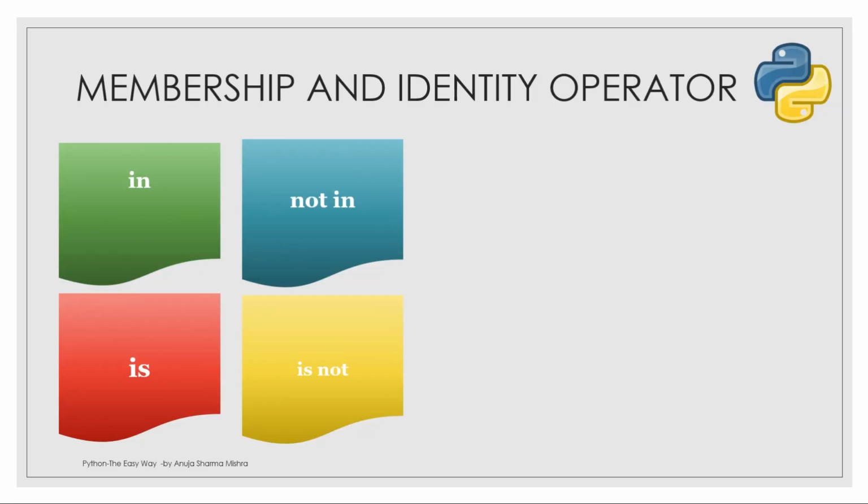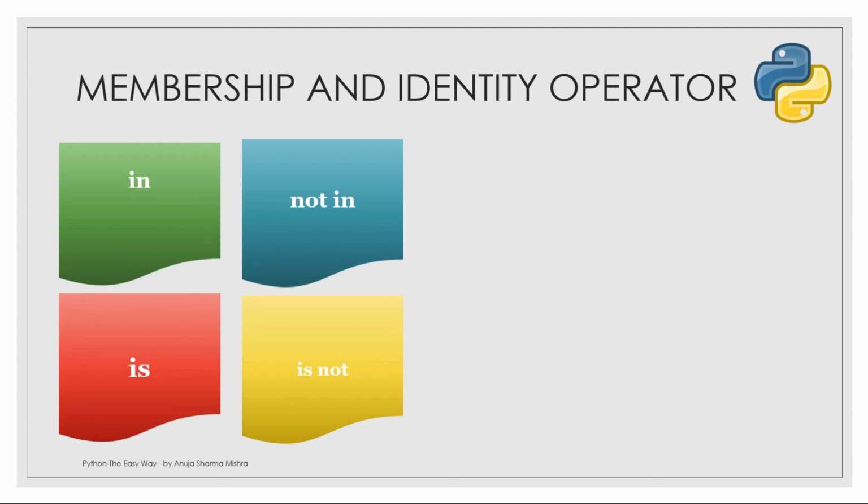So the next set of operators are membership operators and identity operators. Membership operators are usually used when we have sequences and we want to find out whether an element is in that sequence or not. For example, I have a list of numbers 1 to 20 and I want to find out if 10 is in that list or not.